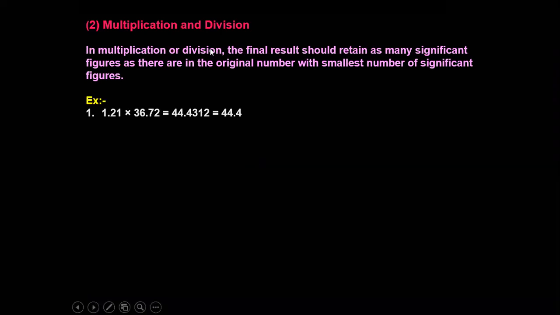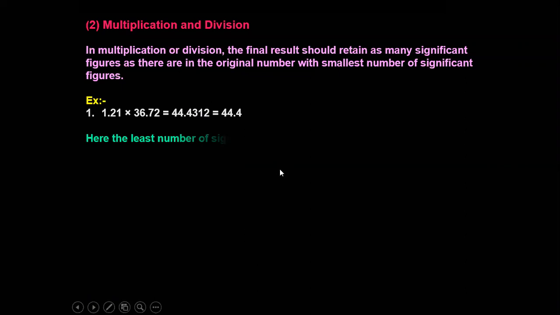When it comes to multiplication and division, we look at the total number of significant figures in the smallest number. In the smallest number, 3 significant figures are there, so in the result also we have to have 3 significant figures. So 44 point up to 4 we have to write. This has to be rounded off. 3 is smaller than 5, so we write the preceding digit as it is.